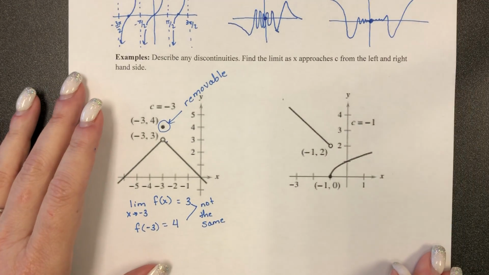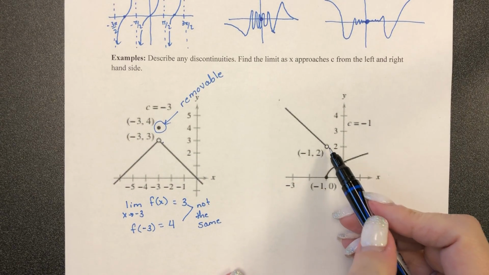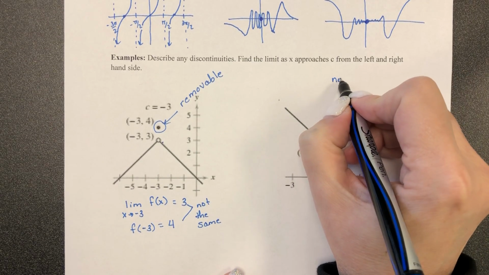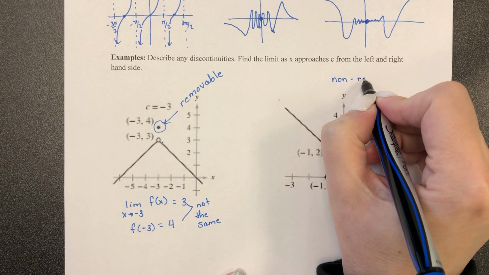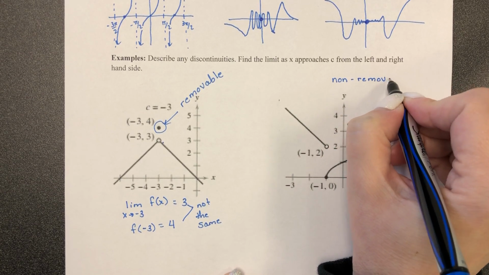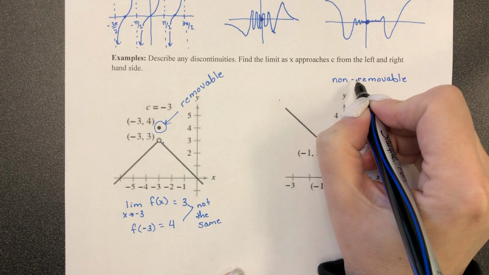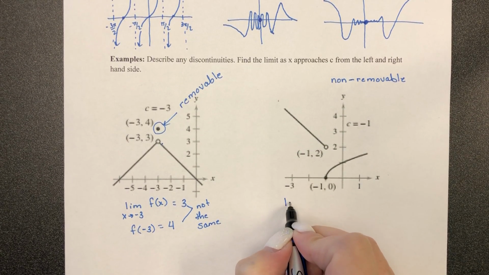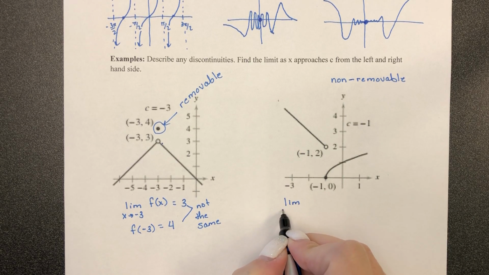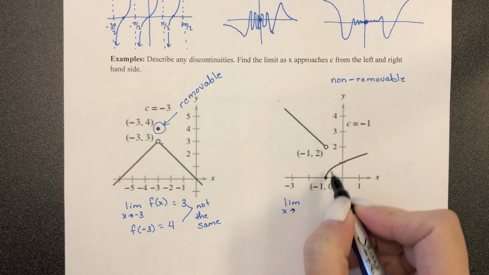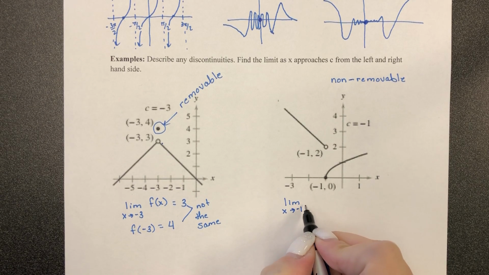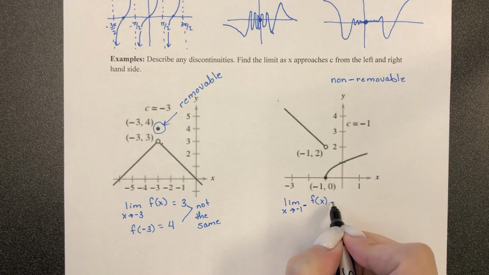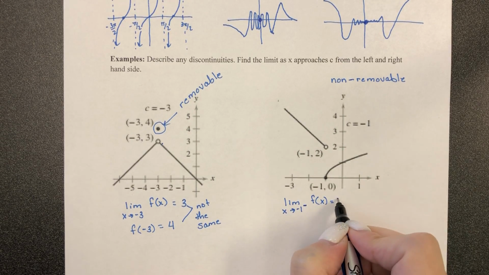All right, now let's go over and look at this one. Now this is a break or a gap in your function, which means this is a non-removable discontinuity. So on this one, I'm going to have to take the limit from the left and the right since things don't approach the same value. So as x approaches, looks like all the excitement happens at negative 1, from the left side of our function I get a y value of 2.